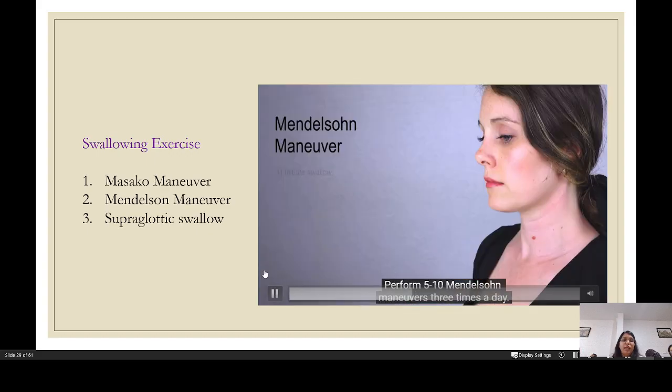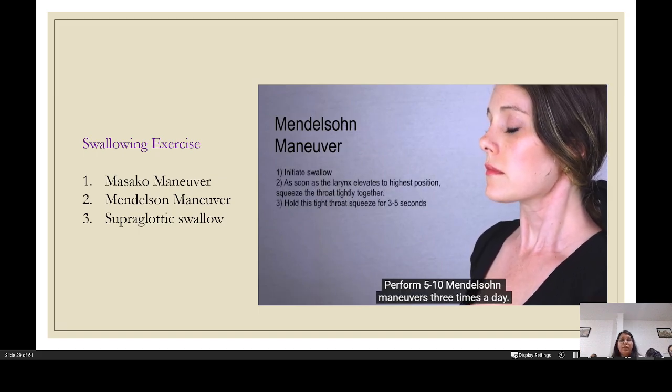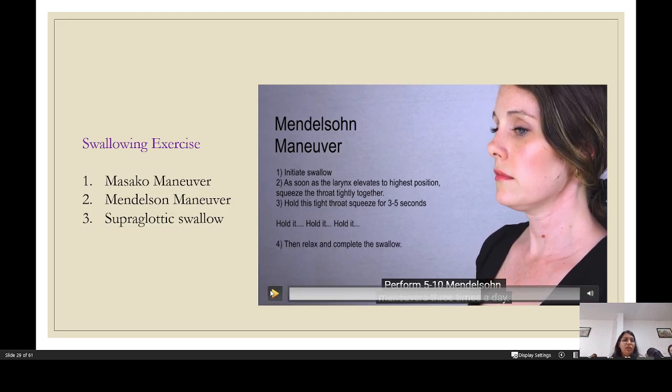Second is the Mendelsohn maneuver, which is to initiate the swallow, and as soon as the larynx elevates to its highest position, squeeze the throat tightly together. Hold the tight throat squeeze for 3 to 5 seconds, then relax and complete the swallow.